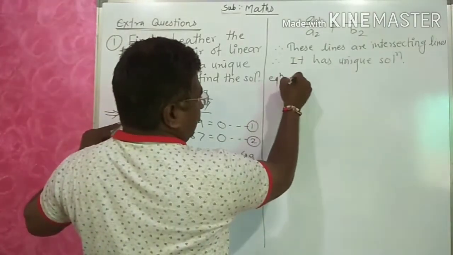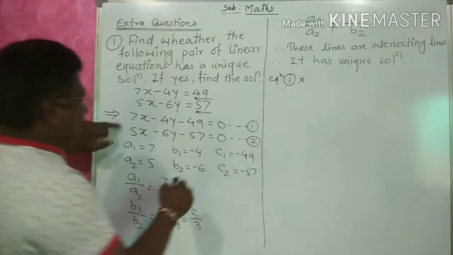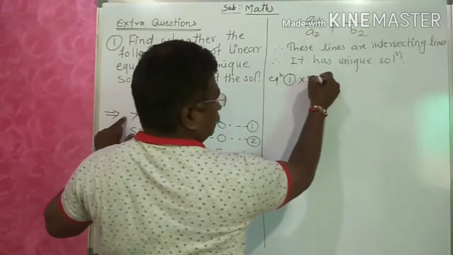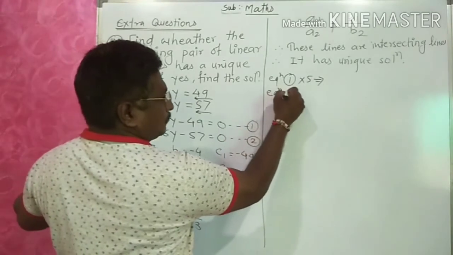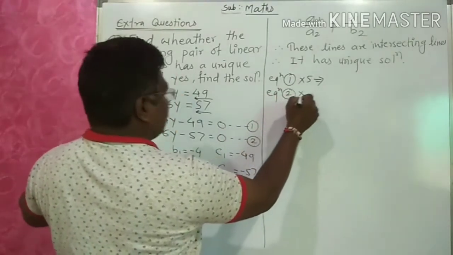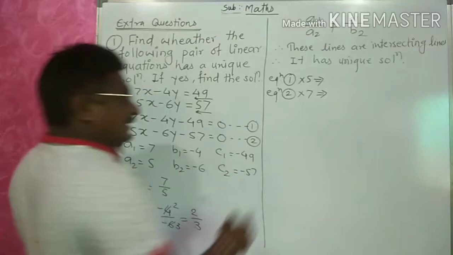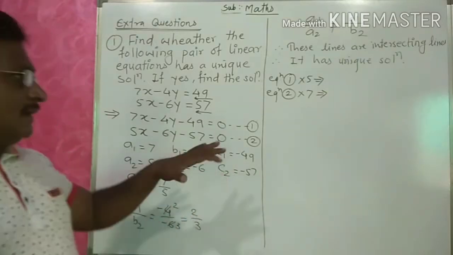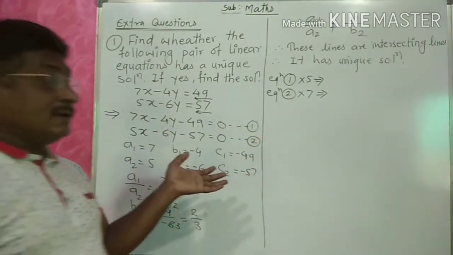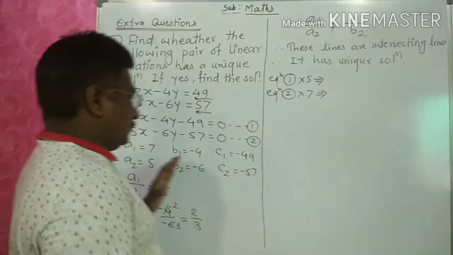So how to make it equal? Equation 1 multiplied by 5 and equation 2 multiplied by 7. Interchange their coefficients, or do it another way by multiplying by the particular number.